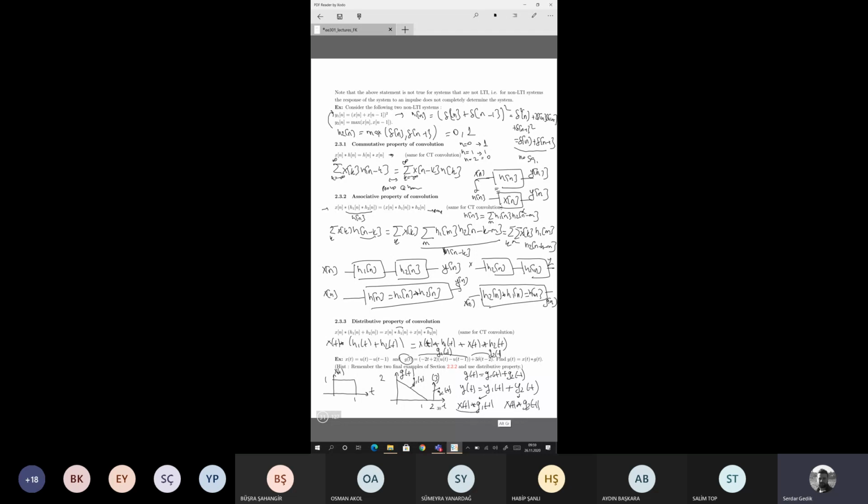I have done those convolutions in previous sections for this signal and for this signal. So if you simply sum the individual outputs, you have the combined output for the combined system. So this is a simple application of the distributive property.